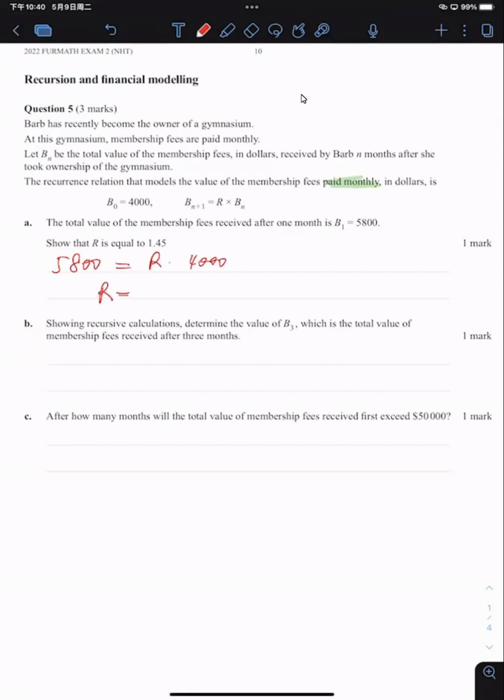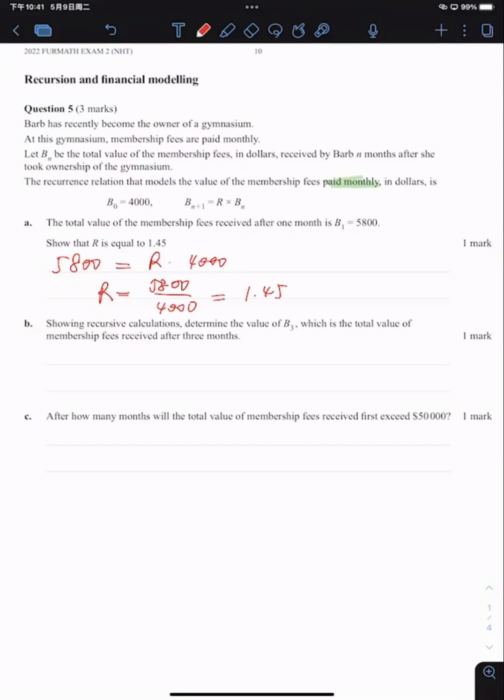Easily, you can have R equal to 5,800 divided by 4,000, and that is equal to 1.45. Done.